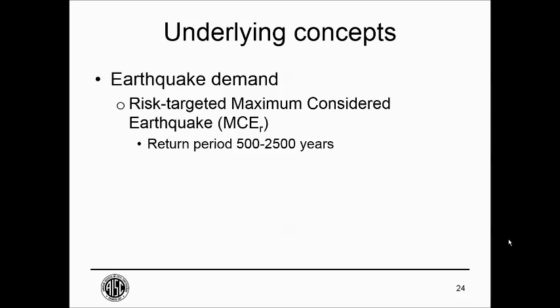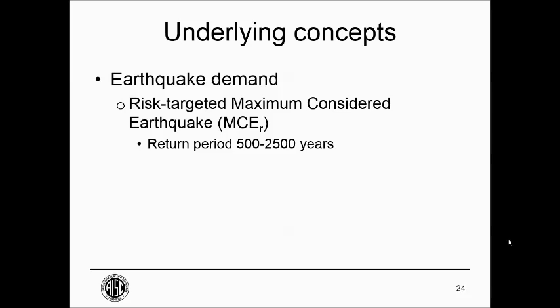Because of the rules around determination of the maximum accelerations that we design for, in a lot of the western part of the country, near San Francisco, Los Angeles, Seattle, etc., the return period can be a lot shorter, more in the neighborhood of 500 to 700 years, or maybe 1,000 years, rather than 2,500 years.